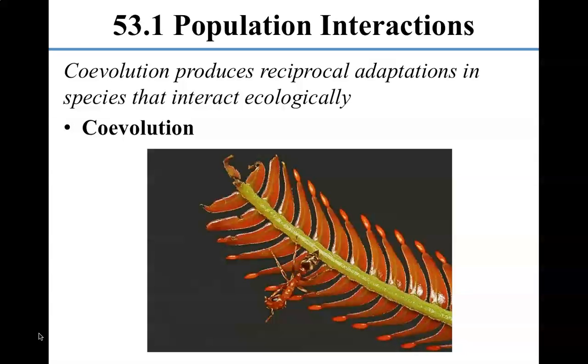So as an example, let's talk about this guy. This dude's an ant, and this is the leaf of an acacia plant. And this is an example of coevolution because the ants and the acacia plant have both evolved together. And so what's happened is the acacia plant has some needs. So it can get sunlight and it can get carbon dioxide and water.